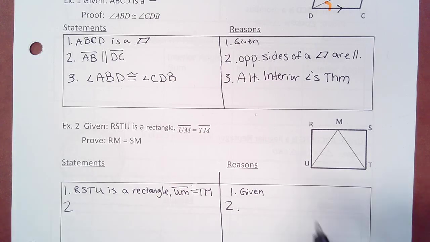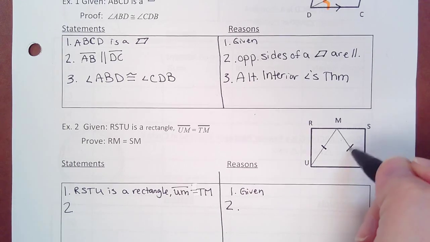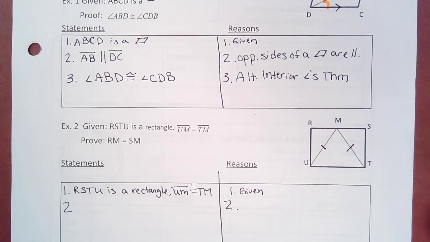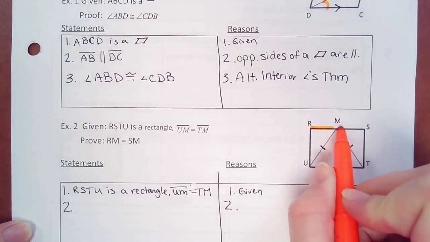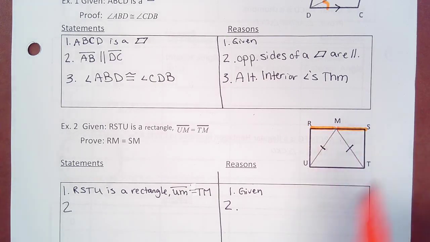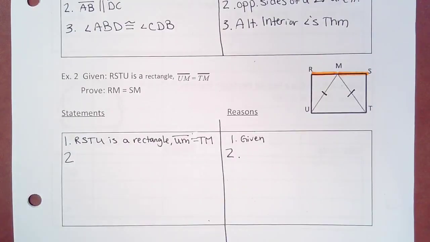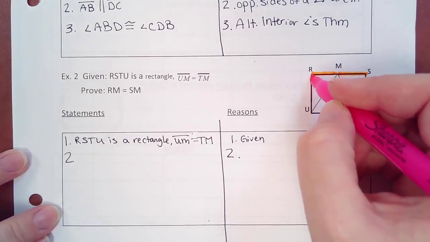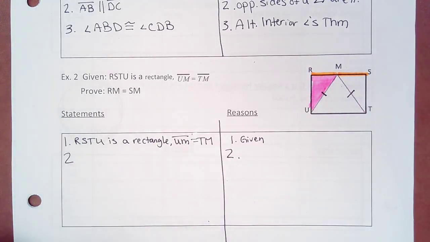I also was told that UM, this piece, is congruent to TM, this piece. I'm trying to prove that RM, this piece, is congruent to SM, this piece. So I see right now, maybe I'll grab another color here, that I've got a triangle built within my rectangle.